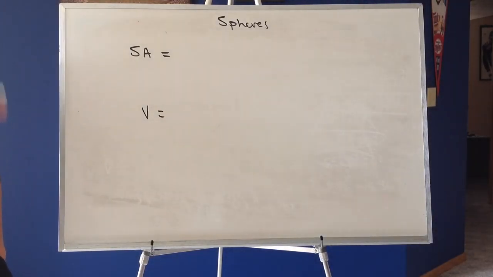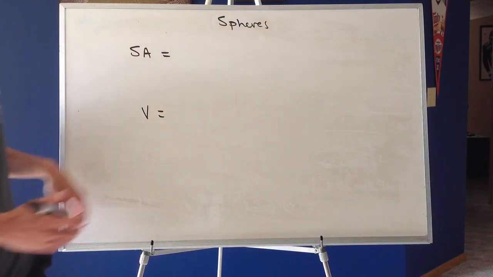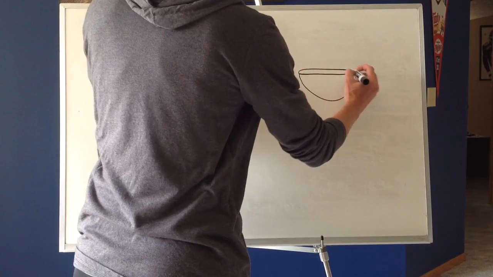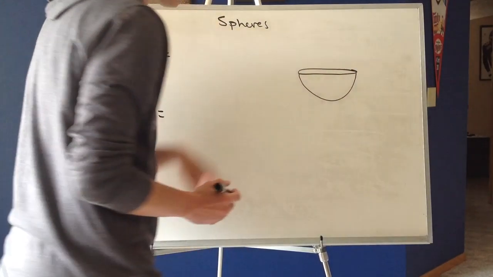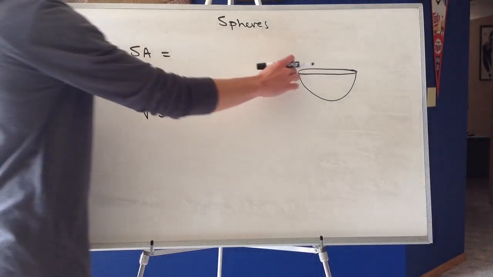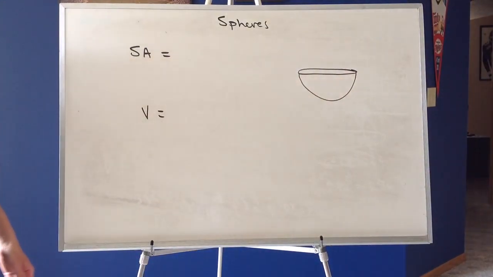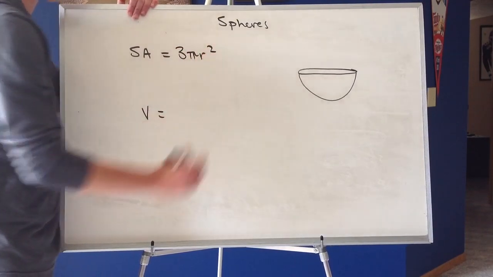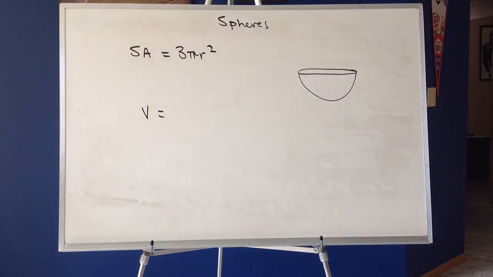That would work, except then you wouldn't be accounting for the part that you sliced off. If you think about it, when you slice it, there's this top circle that's surface area as well that you need to account for. If you just do the 2 pi, you're not accounting for that. So what it actually ends up being is 3 pi r squared. You have an extra pi r squared that accounts for the circle on the top.